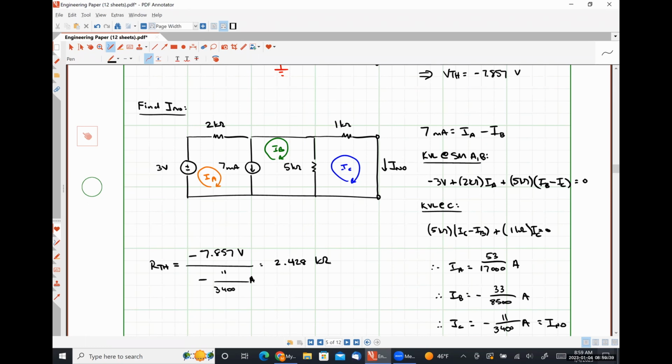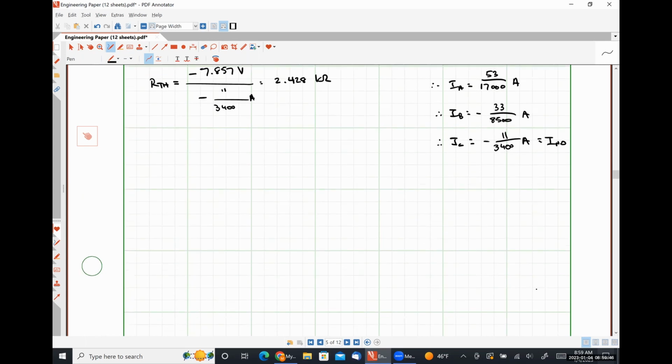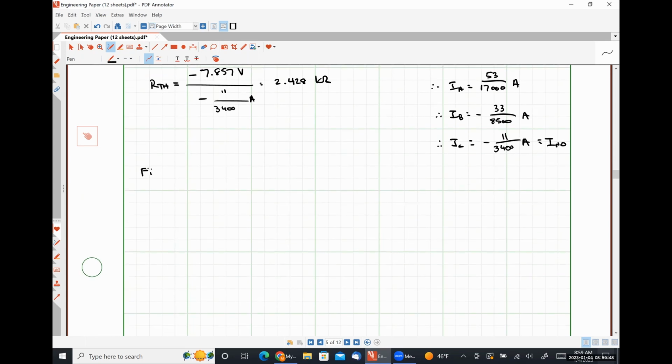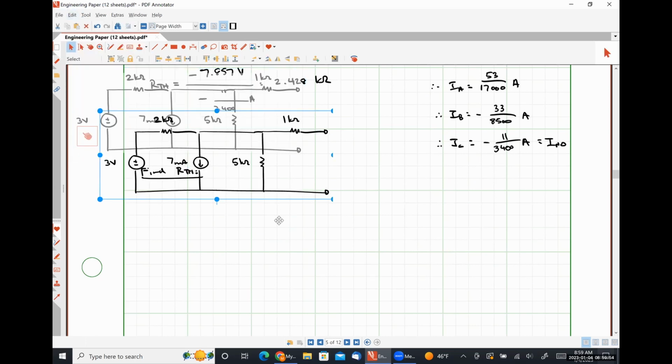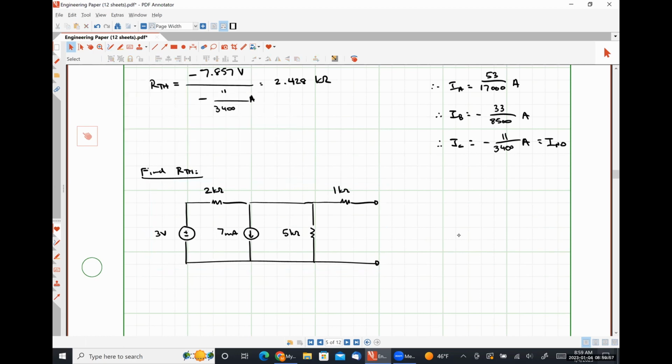And let's just verify that by finding the Thevenin equivalent resistance directly. So my Thevenin equivalent resistance is just the resistance seen looking in here at a dead network. So that means my 7 milliamp source is replaced by an open circuit.